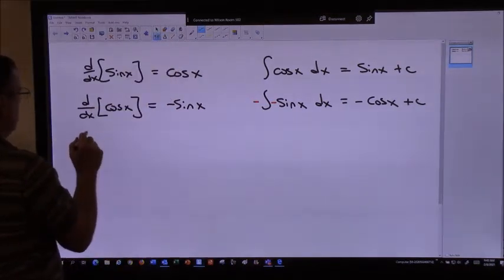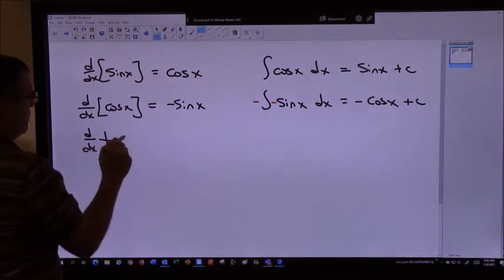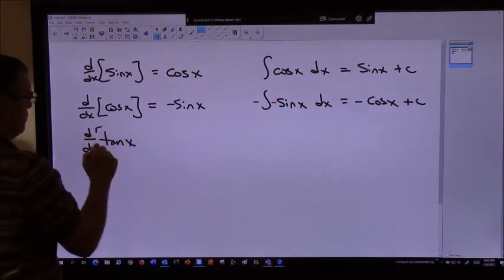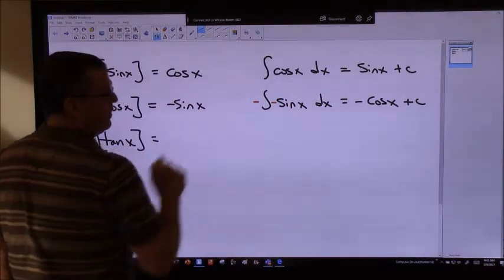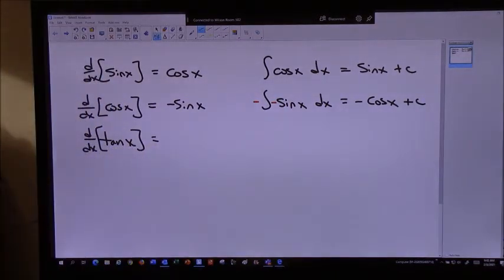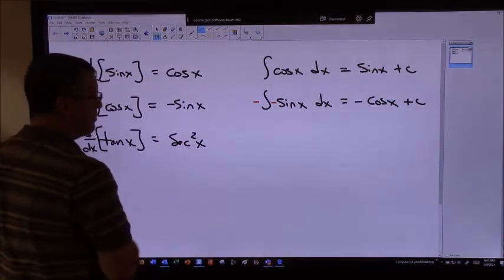So what else do we know? Let's see, the derivative of tangent of x. You guys go ahead and write down what the derivative is, and then write an integral for it. So the derivative of a tangent is secant squared of x.